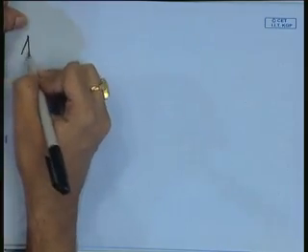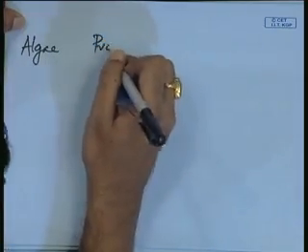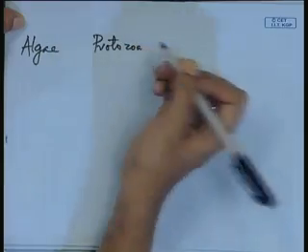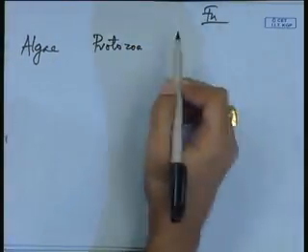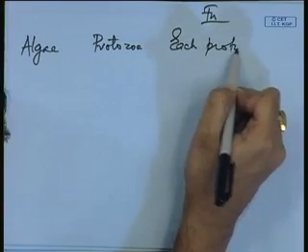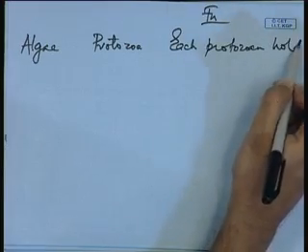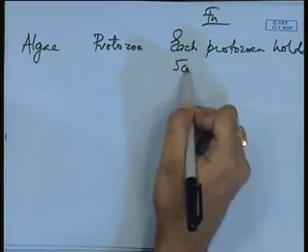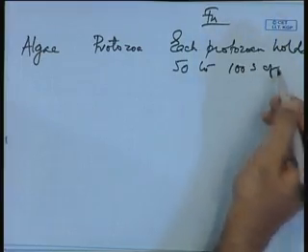So, let us look at another example, same symbiotic, and in this case it is a symbiosis between algae and protozoa. Okay. So, what is the function? The function is that each protozoa holds around 50 to hundreds of algae.